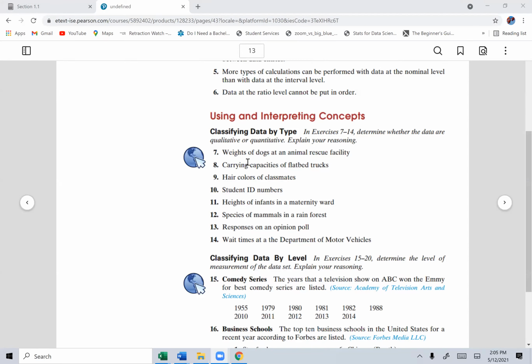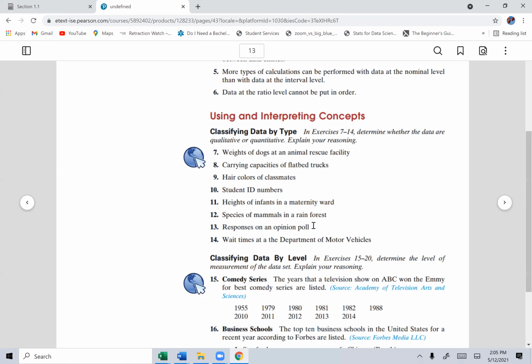Carrying capacity of flatbed trucks, quantitative. Yes, it's a weight. Hair color, qualitative. Student ID, qualitative. 100%. Heights of infants, quantitative.